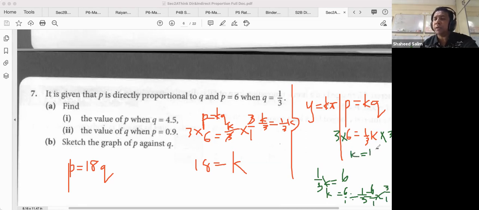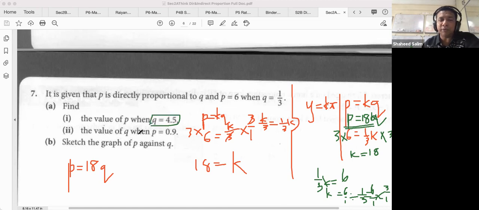This part, are you clear? Clear? That means now P, your equation is equals to 18k. This part, are you clear? Yes, okay. You are clear now, we are going to put in the values now. Sorry, P is equals to 18Q, not 18K, 18Q, which is here now. So now they tell me the value of Q is 4.5.